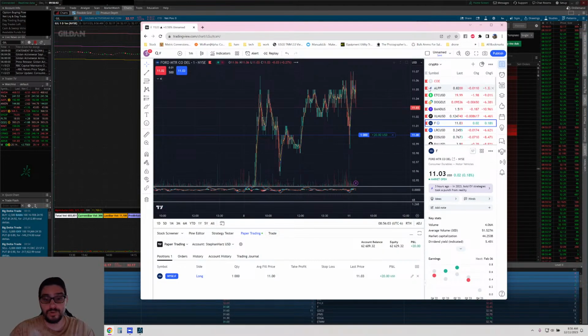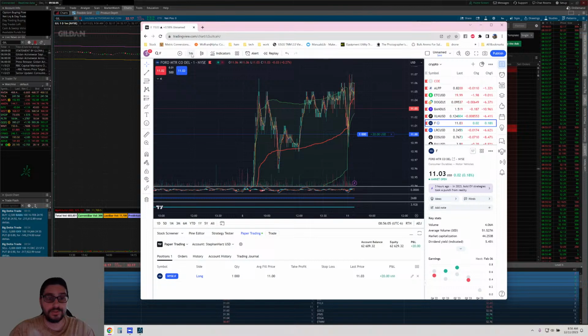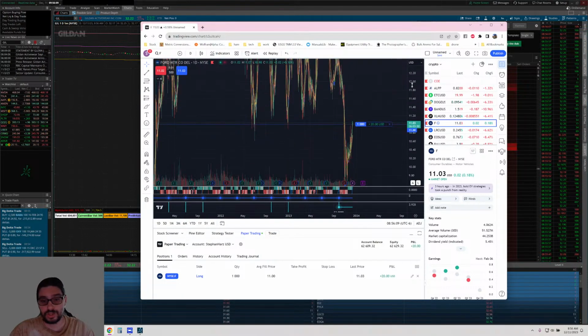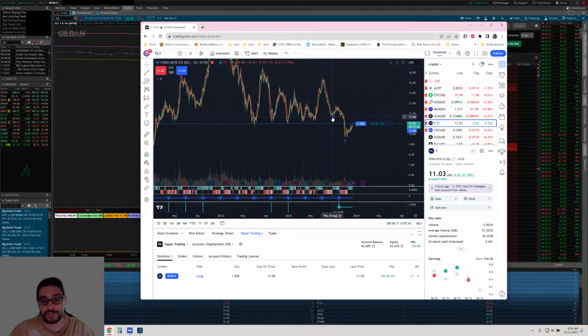And this is really useful because you can practice swing trading, which is something that I'm practicing. You can see I purchased up here, the stock fell, and I purchased down here. Now the stock's going back up, and I'm in profit even though I'm in between these two points. And I now have 1,000 shares with an average fill of 11. I feel like this is still going to go up, so I'm not going to sell it on my paper trade.